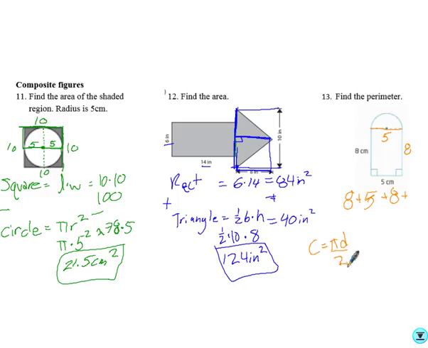So I'm going to do pi d divided by 2. So that would be 5 times pi divided by 2. And when I add that to this, that gives me a total perimeter of 28.85 centimeters. So remember, in perimeter, the units just stay the same.